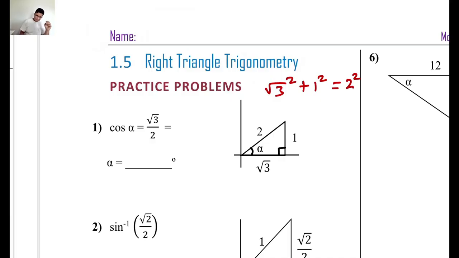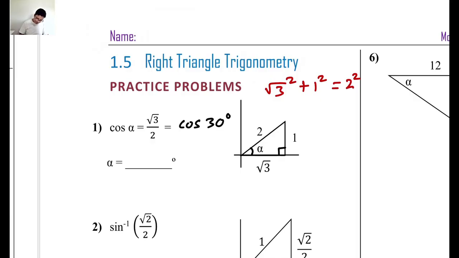Okay, where does it occur? The x coordinate root 3 over 2 occurs at 30 degrees. I'm going with degrees because here, the unit we are using is degrees. Sorry. So root 3 over 2 is cos 30 degrees.